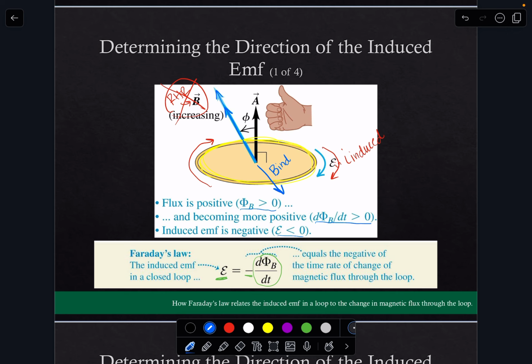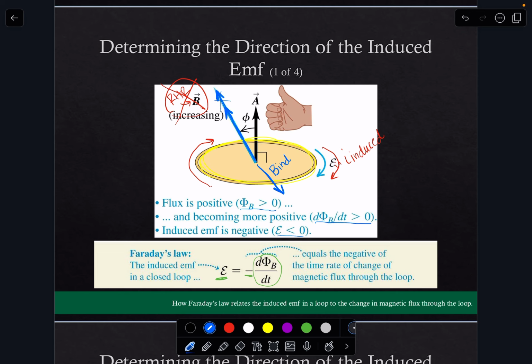Think about adding vectors. If we have a vector pointing this way and it's getting bigger and bigger and we don't want it to get bigger anymore, we need to add a vector pointing 180 degrees away, right? A negative vector. We're going to add a negative to that to stop the increase.